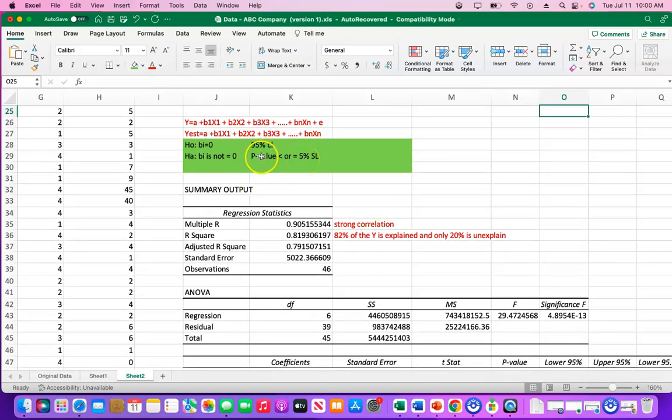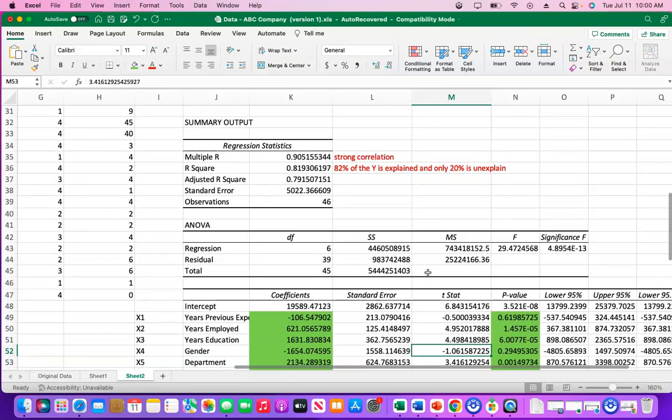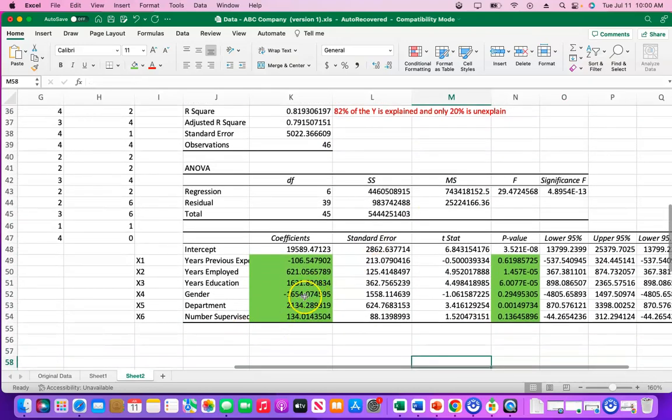That probability value of 0.29 is greater than 0.05, and because it is greater, that means that slope is not significantly different from 0, and therefore we can say that gender has nothing to do with somebody's salary.